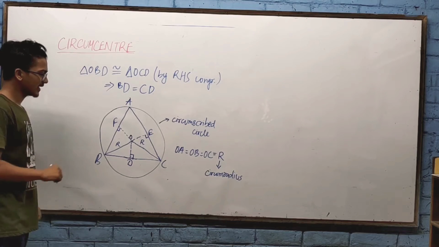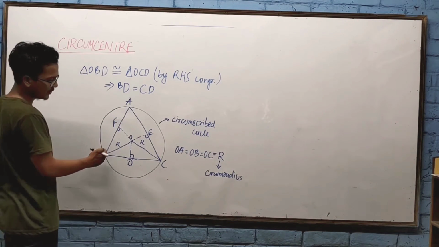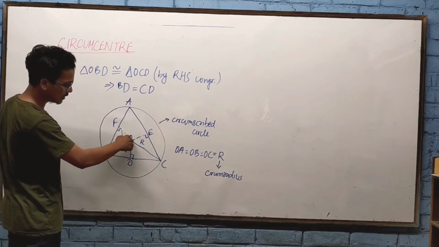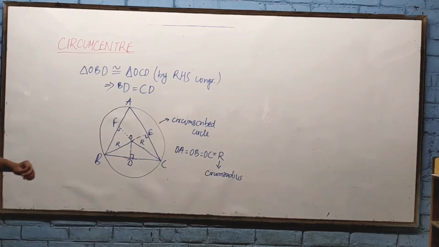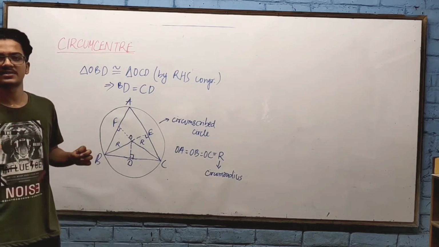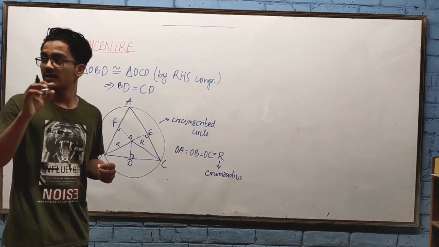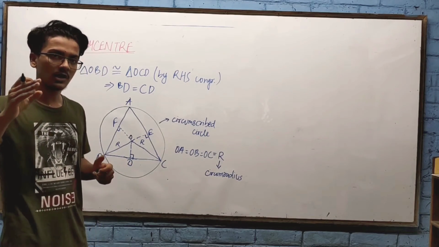So what we are getting is that the circumcenter is actually the point of concurrency of all the three perpendicular bisectors of a triangle. All the three perpendicular bisectors of a triangle meet at a single point, and that is what we call the circumcenter.